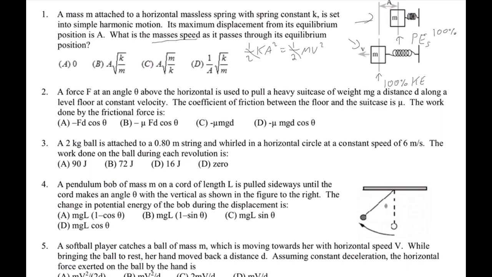We're going to divide by mass. We'll get v squared equals Ka squared divided by mass, square root on both sides, and we get v equals, the a comes out of the square root, a times the square root of K over m, which leaves us with option B.